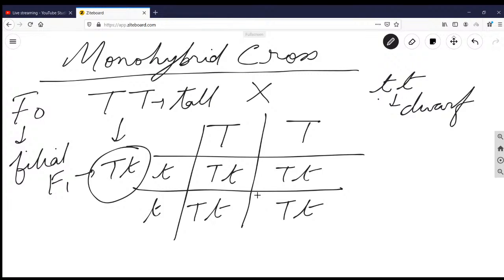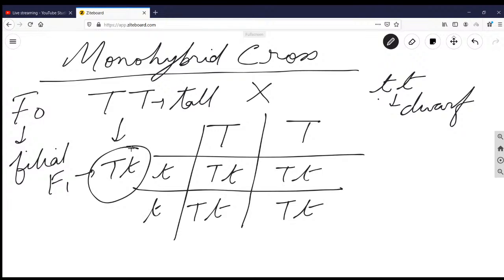They are all heterozygous, but all are tall. You cannot look at the appearance of an individual plant or animal and decide its genotype for the trait you are observing.